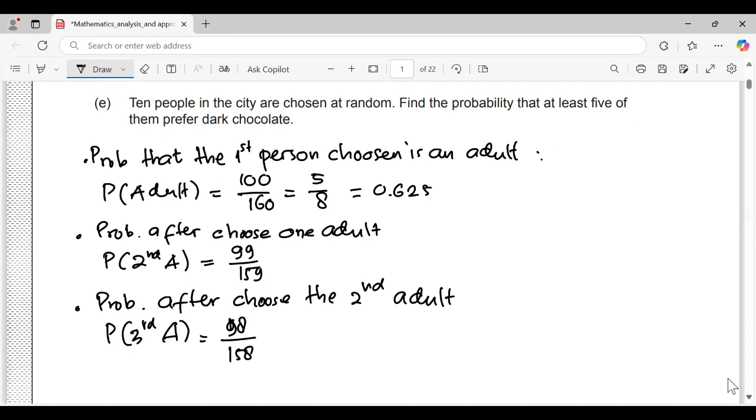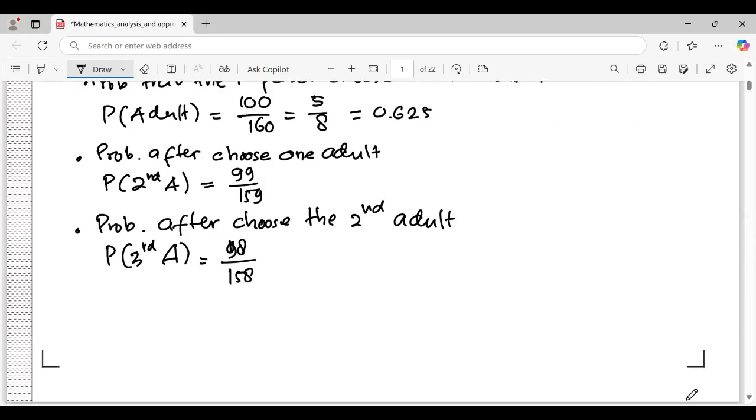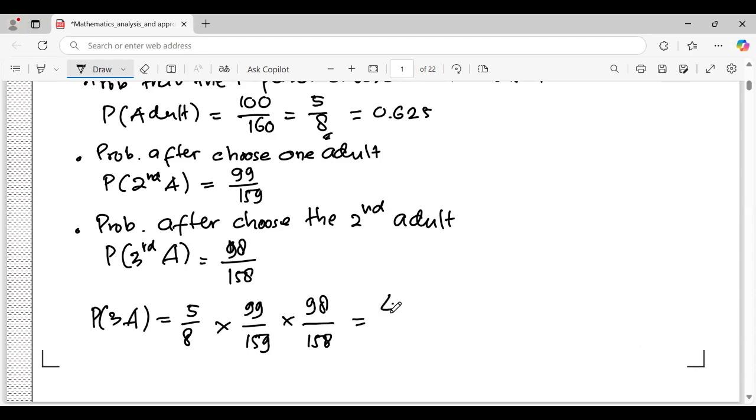And after that, we are going to calculate the probability that all three are adults: 5 over 8 times 99 over 159 times 98 over 158, which is 48,510 over 200,776.